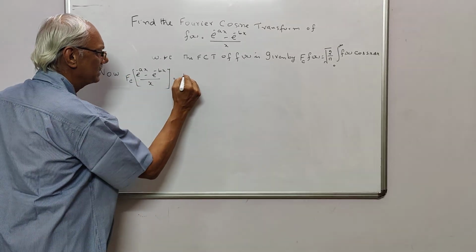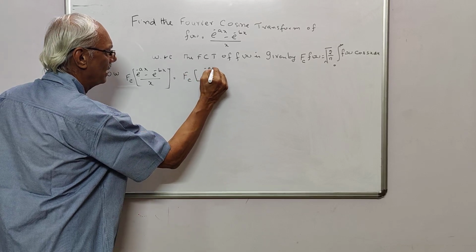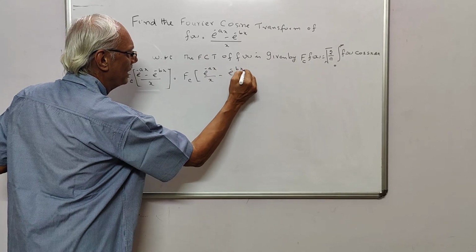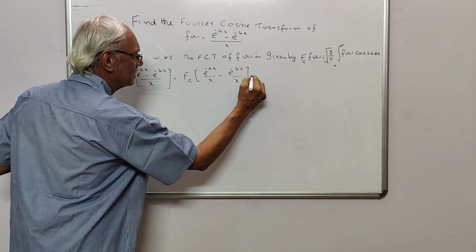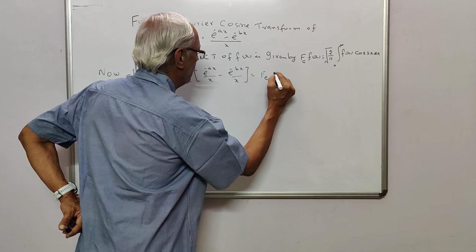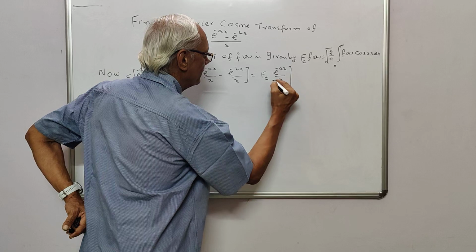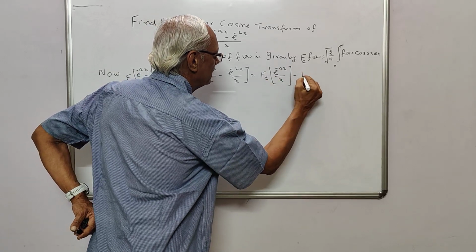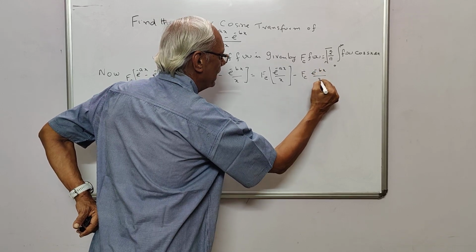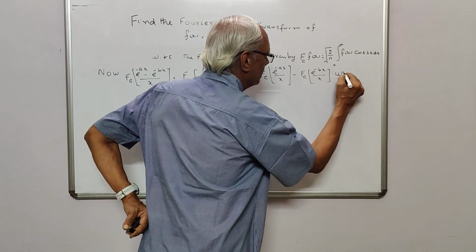This can be written as the Fourier cosine transform of e to the power of minus ax by x minus e to the power of minus bx by x. This is nothing but Fc of e to the power of minus ax by x minus Fc of e to the power of minus bx by x, using the linearity property.